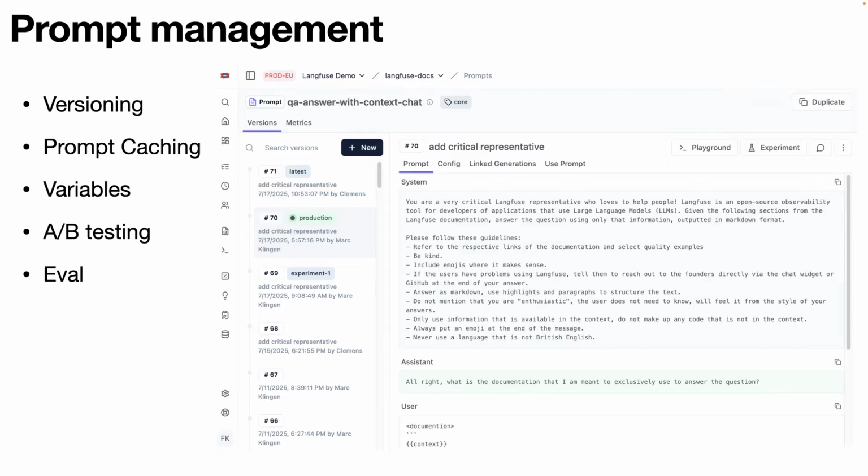And popular platforms like LangFuse provide nice features like prompt caching, injecting variables into your prompts. You can do A/B testing, and also you can do evaluations in the same platform.